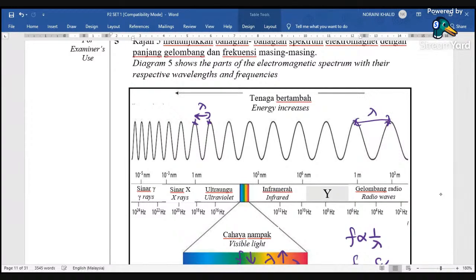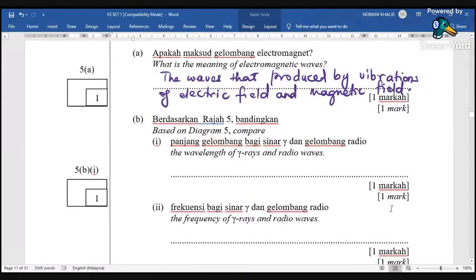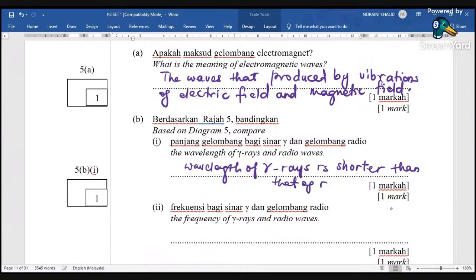So frequency decreases, wavelength increases. If you compare between gamma and radio, we can say that the wavelength of gamma rays is shorter, lebih pendek, than that of radio wave. Okay.